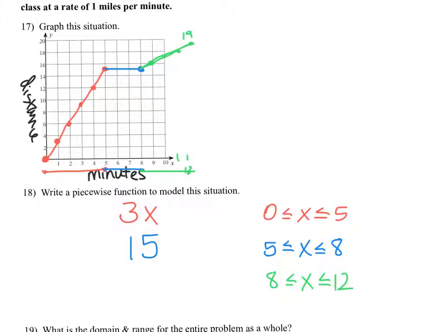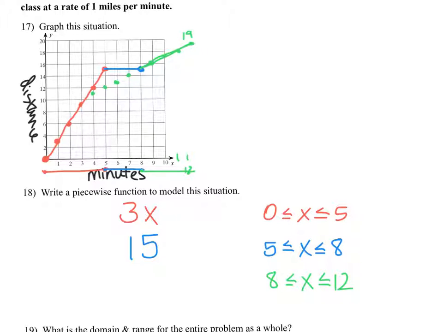And then our last section, this green section, now this one I am going to have to trace back. Remember, I went up 1 to the right 1, so I'm going to continue that, making sure that I remember that the y-axis is actually counting by 2. So down 1 to the left 1, down 1 to the left 1, down to the left.